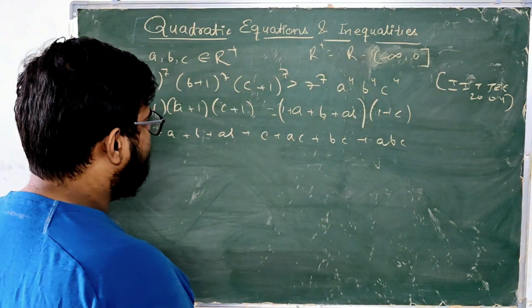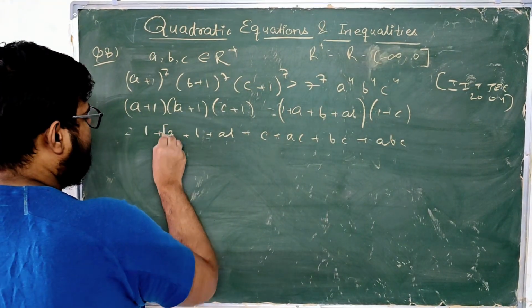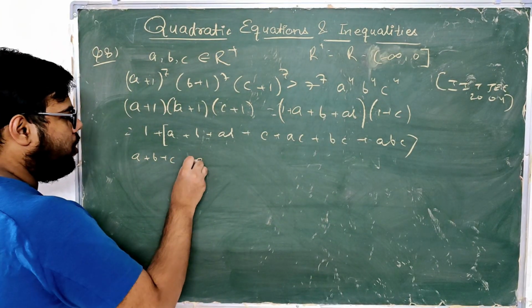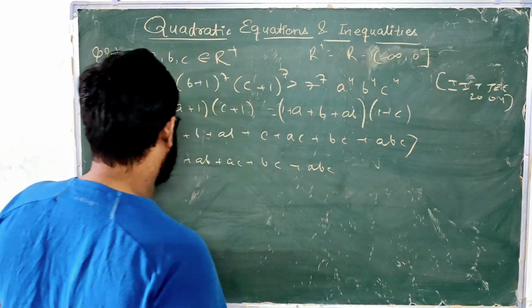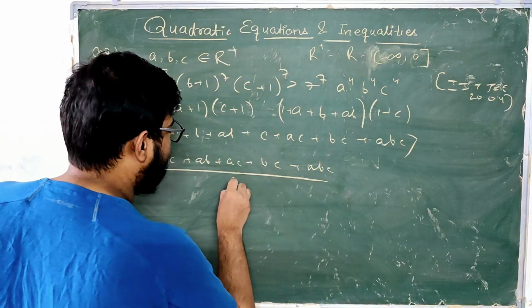Okay. Now take this expression: A plus B plus C plus AB plus AC plus BC plus ABC, right? There are 1, 2, 3, 4, 5, 6, 7. So there are 7 terms. Divide by 7.